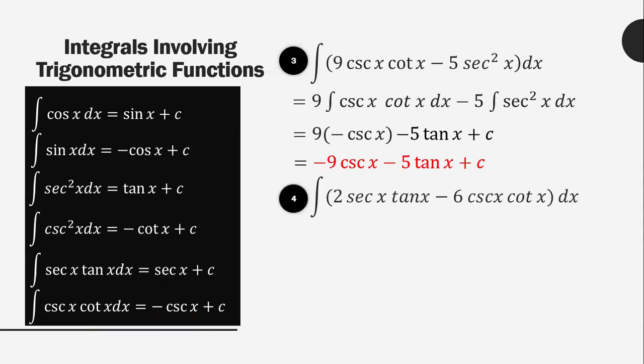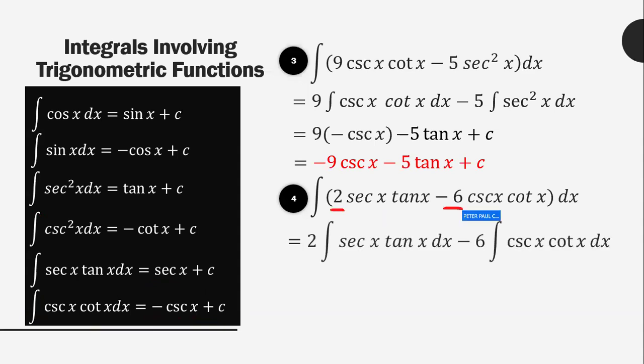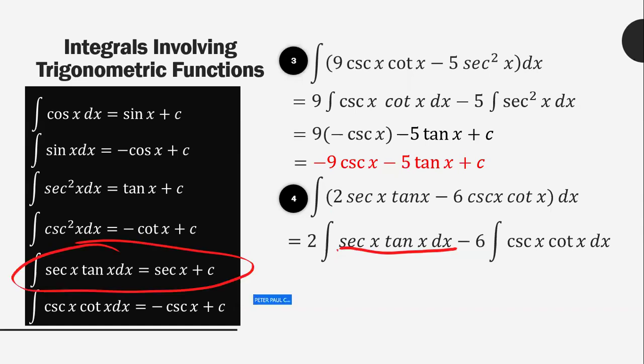Example 4, the integral of 2 secant x tangent x minus 6 cosecant x cotangent x dx. So we apply the constant multiple theorem. We put 2 and negative 6 before the integral sign. So secant x tangent x dx will be this one.